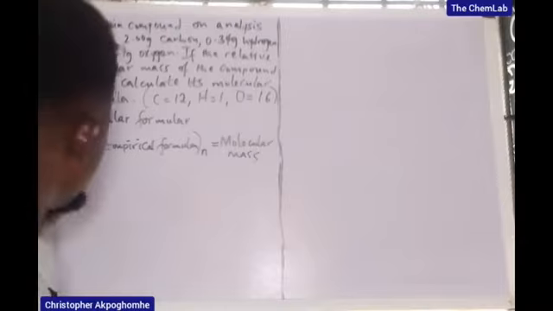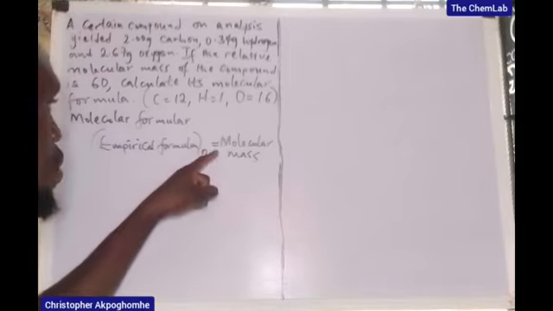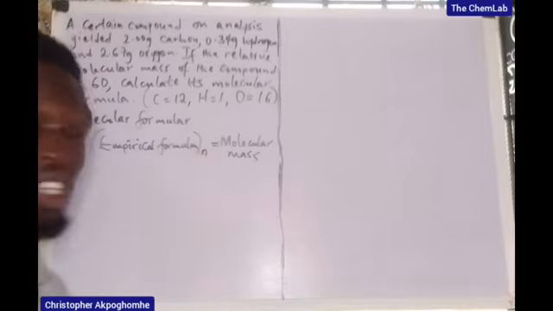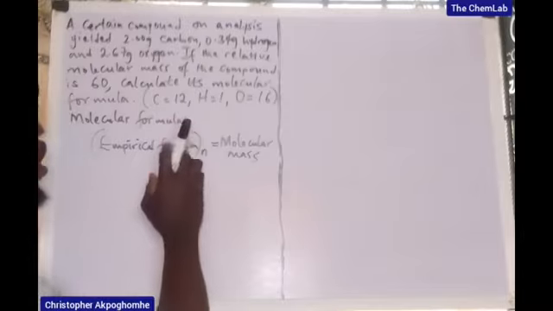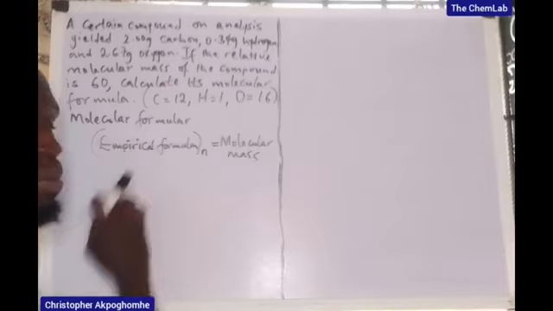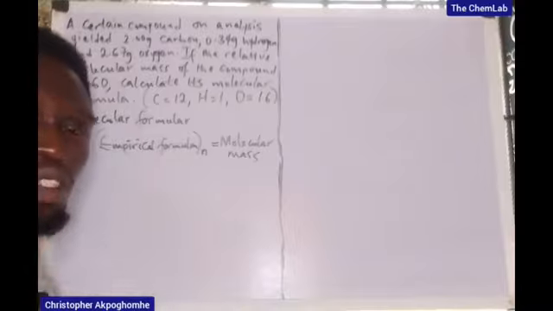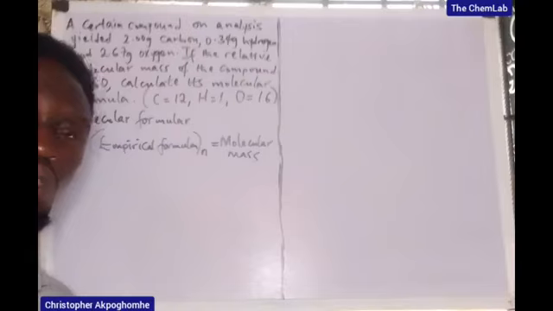So if you want to calculate the molecular formula, this is what you will use. Empirical formula subscript n equal to molecular mass. You will need to calculate the empirical formula first before you look for the molecular formula.